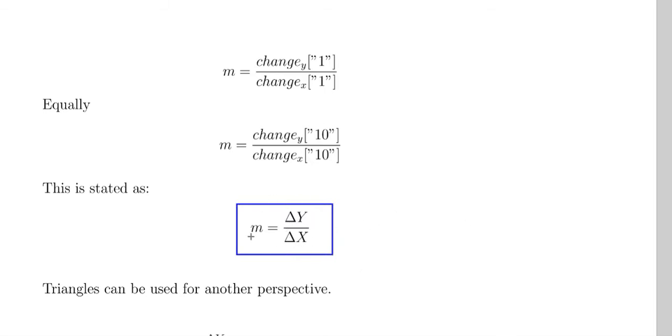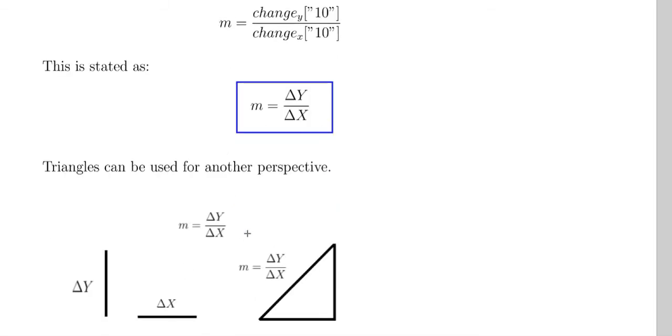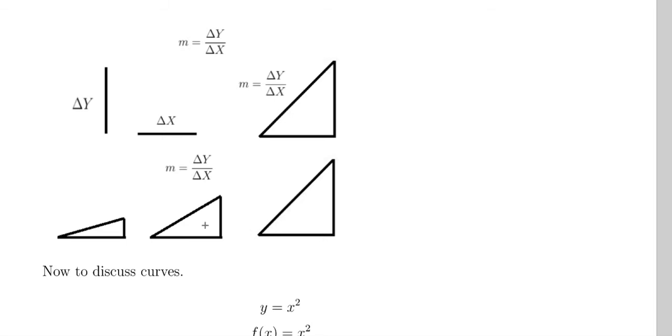Now let's look at that concept in terms of visualizing it in a way that might be advantageous. So for example, for change in y over change in x, we can consider the change in y as a straight line parallel to the y-axis, as we've been doing. And for change in x, you can consider a straight line parallel to the x-axis.